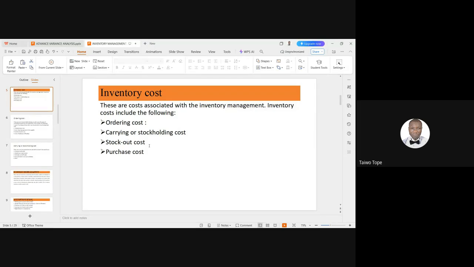So we have stock out cost. What is stock out cost? Though I've explained that while I started my introduction, I just based it on the background of the discussion. So I think stock out cost is what you're going to lose when you don't have enough inventory to meet your customers' needs.